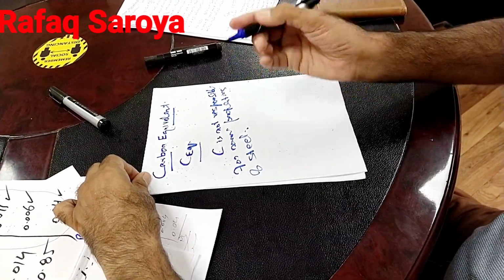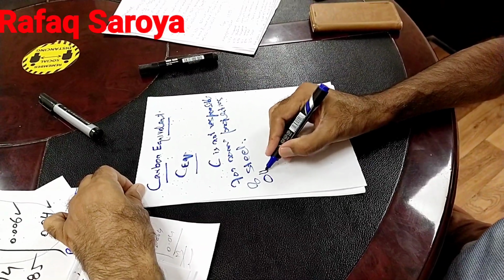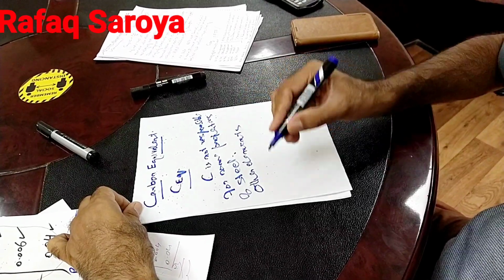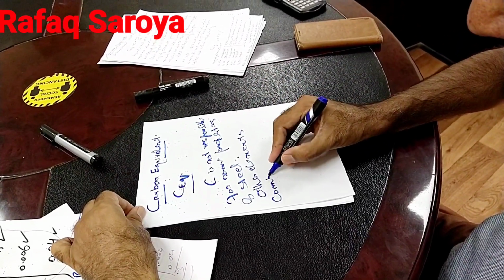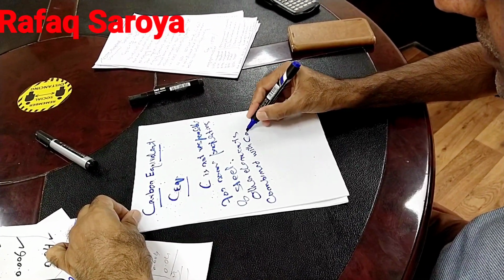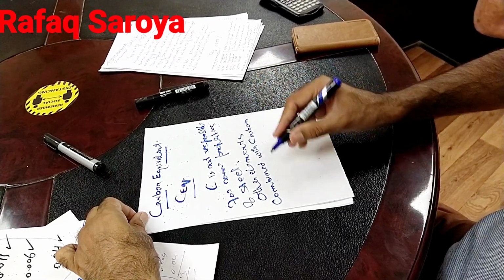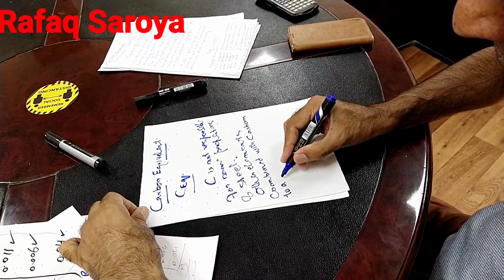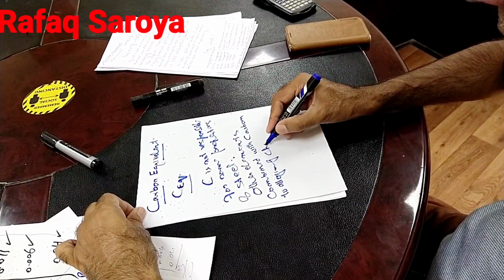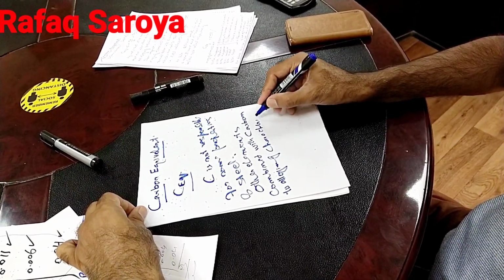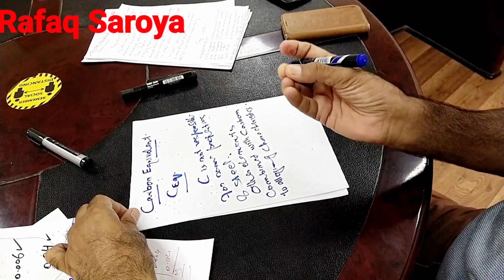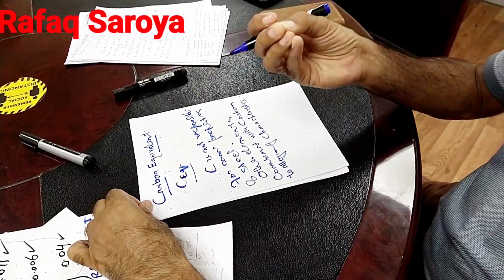But there are some other elements combined with carbon to form the alloying characteristics, which means a change in certain properties of steel.